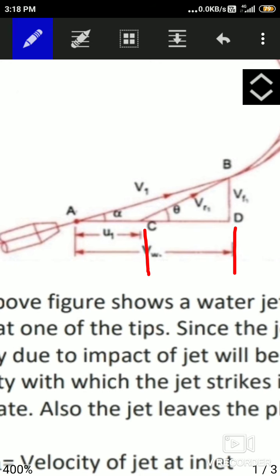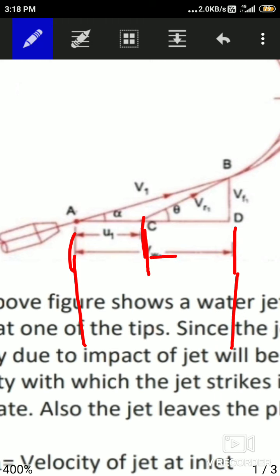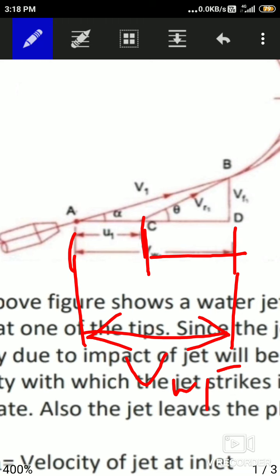VR1 cos theta is equal to VW1 minus U1. So in place of VR1 cos theta, we can put VW1 minus U1.